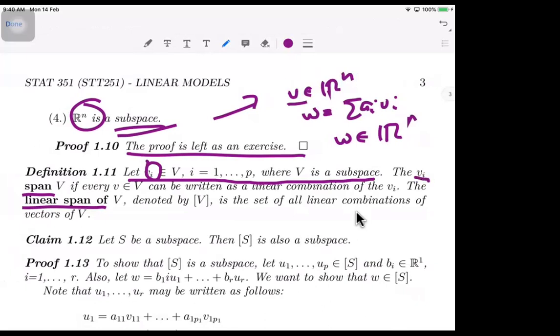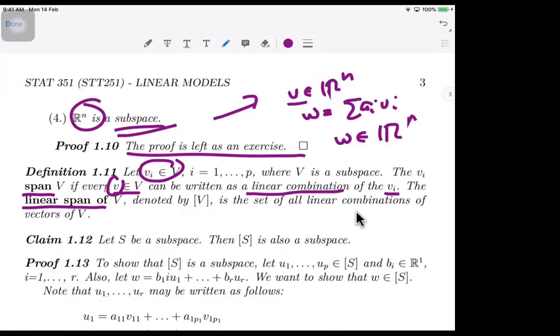Now, the V_i span V if every element of V can be written as a linear combination of the V_i. So the vectors here can always be written as a linear combination of the V_i's in V.